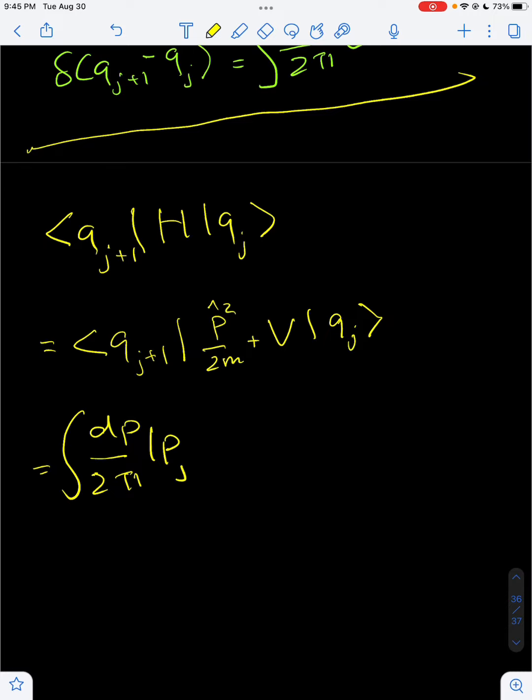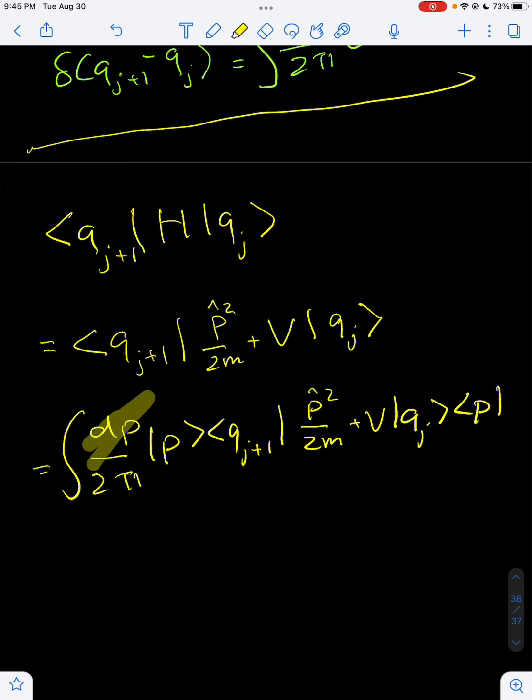You should have a p subscript j, but honestly it's annoying to write that each time, so we're just going to write |p> at the end. So <q_{j+1}|p> times <p|q_j>... times p squared over 2m plus V, and then that |p>.